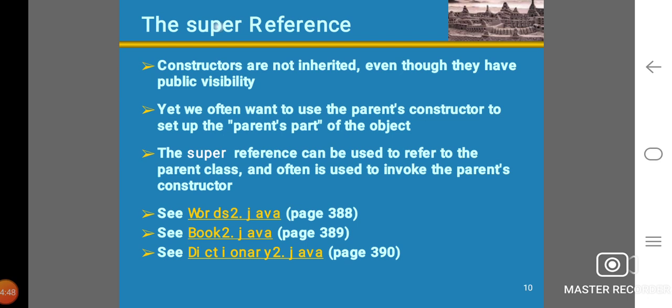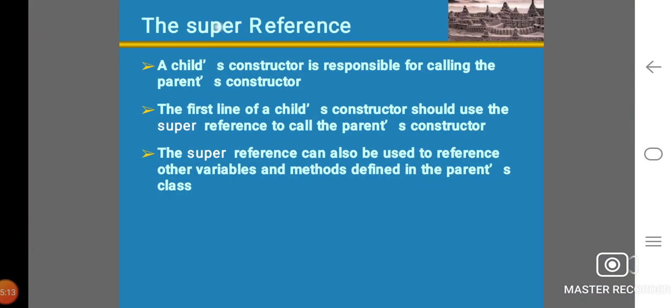Super references. Constructors are not inherited even though they have public visibility. Yet we often want to use the parent's constructor to set up the parent's part of the object. The super reference can be used to refer to the parent class and often is used to invoke the parent's constructor.